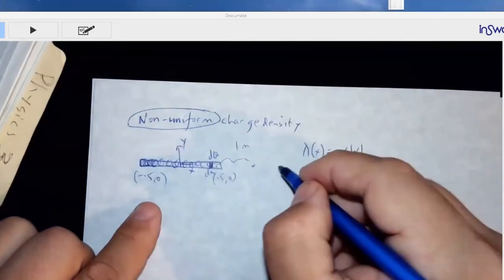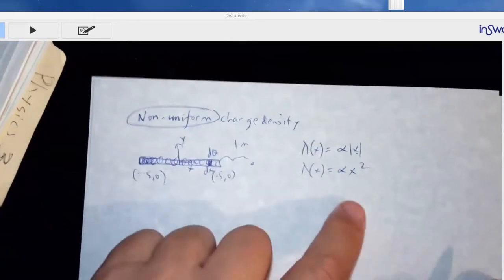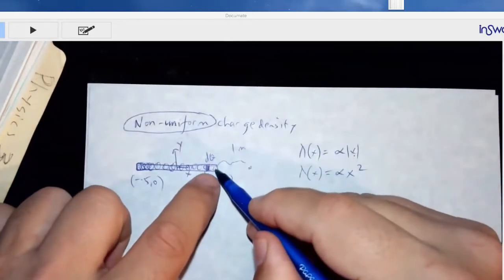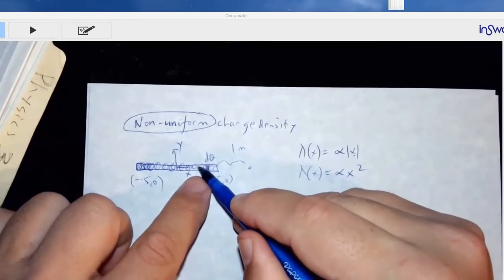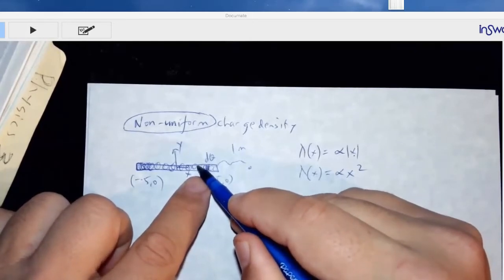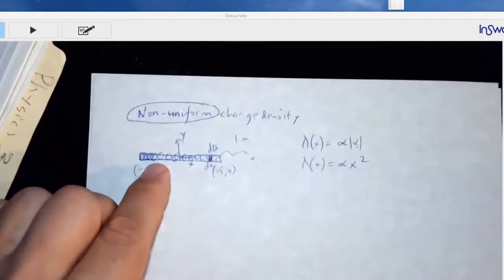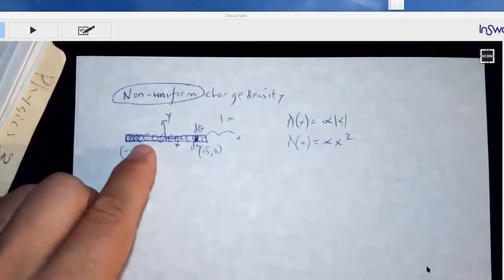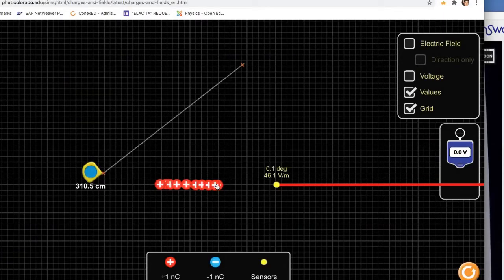Or you could make a function that's like this, alpha x squared. Now that would mean the right side has 4 times the charge density as this. And this one has 4 times the charge density as this. It depends how you move these charges. I didn't move them that much, so mine looks more linear.